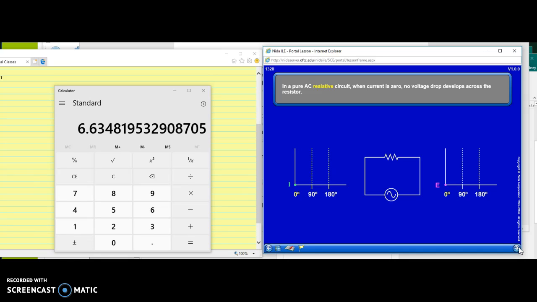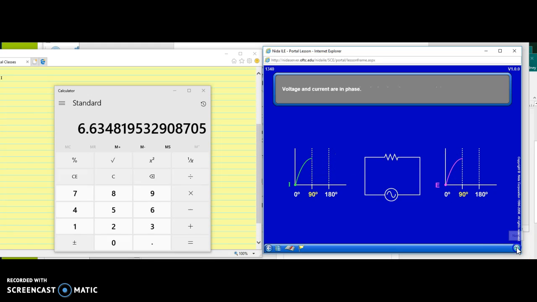In a pure resistive circuit, when the current is 0, no voltage drop develops across the resistor. Pretty obvious because voltage is I times R, so if there is no current, no voltage drop. Pretty simple. Basic math. But as the current increases, a voltage drop is developed across the resistor. So we see the start of our sine wave, and we see the rise of our voltage drop over here.